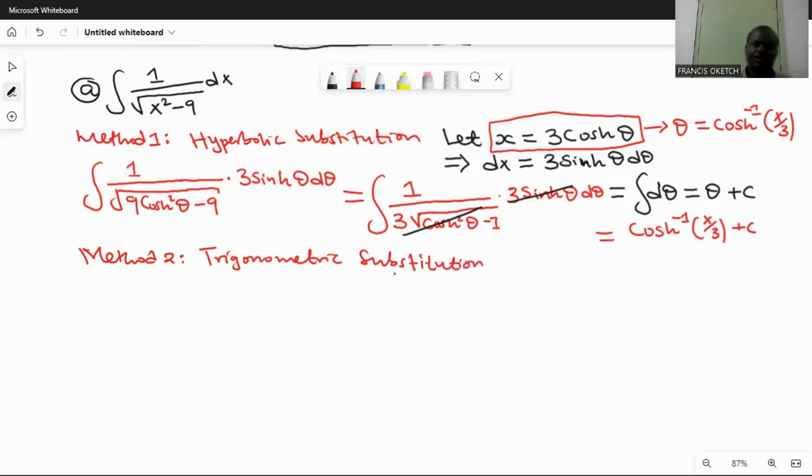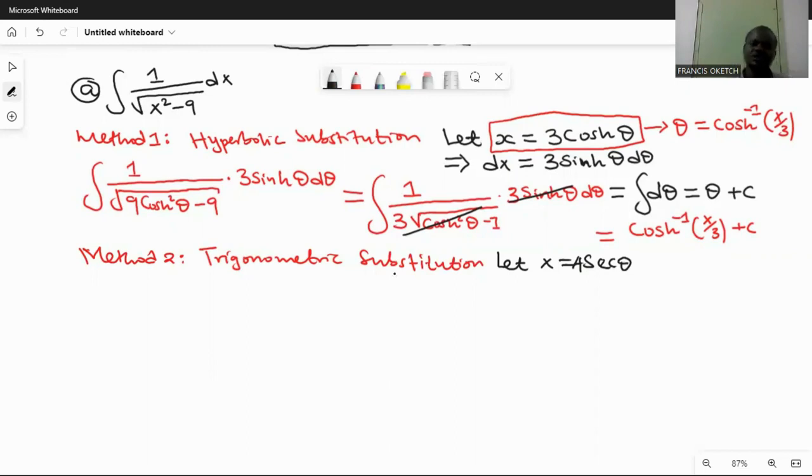So in this method, you let x be equal to a sec theta. That is the substitution.